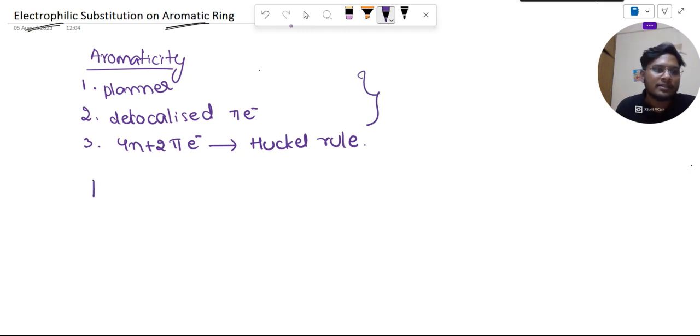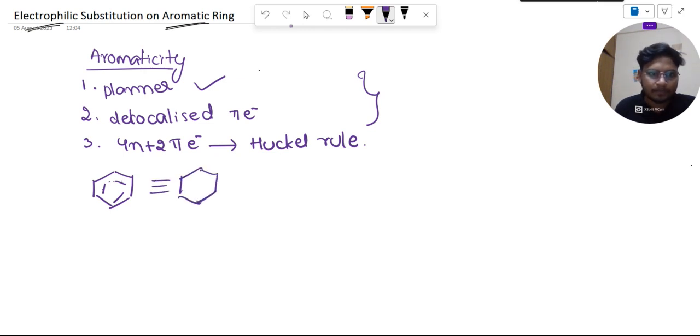So for example, let us see a basic example, that is a benzene ring. Benzene is a planar structure, and it has delocalized pi electrons in the three double bonds, and let me draw the equivalent structure for this.